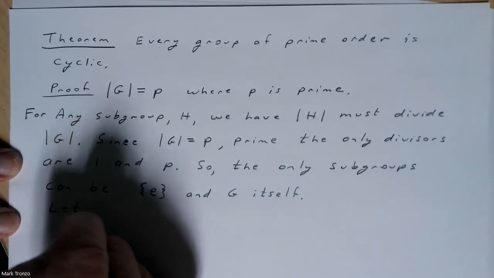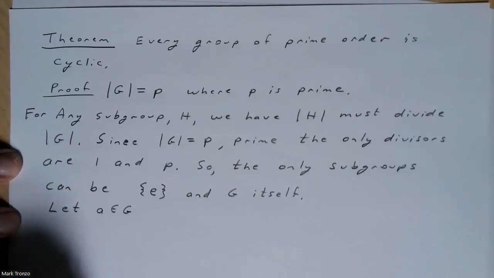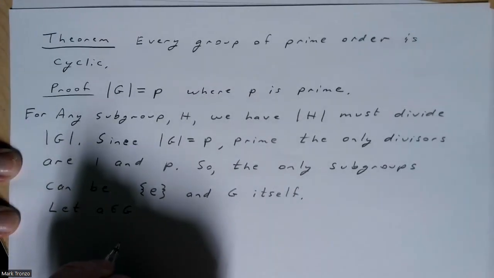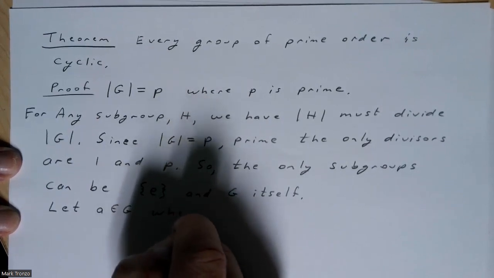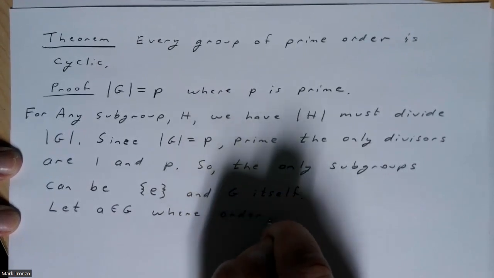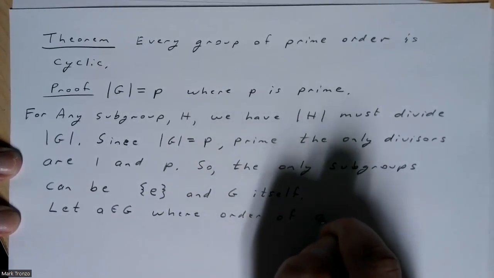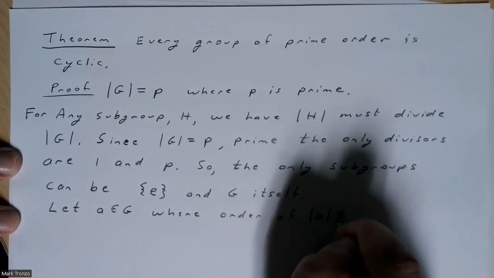Now let a be a member of the group G, where the order of the element a, I'll write like this, is not equal to 1.